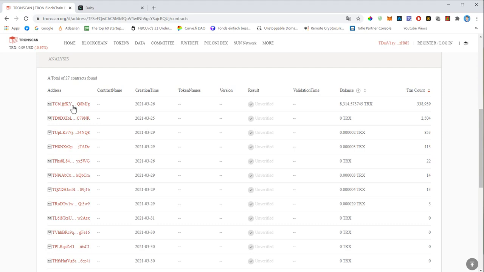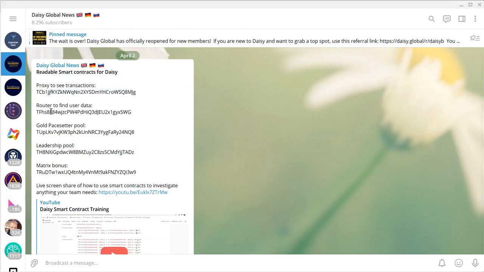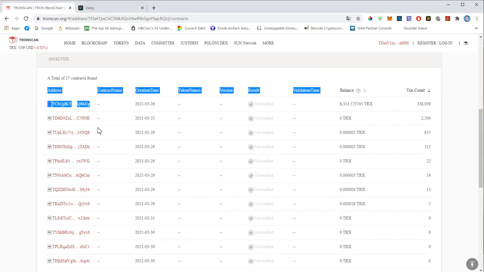The first one is the proxy to see the transactions. Then let me go back. This one will get you the user data. Let me see it here. Yeah, that one will show you the user data.